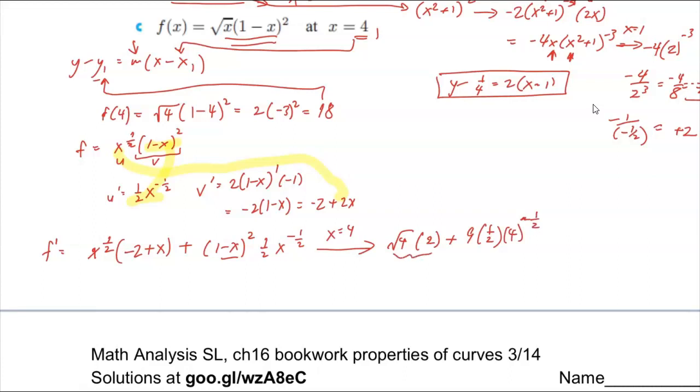So this would be 2 times 2, which is 4. This would be 9 halves, 1 over square root of 4, which is 2. So it'd be 4 plus 9 fourths, which is equal to 4 plus 2.25, which is equal to 6.25. This is our derivative value at x equals 4.